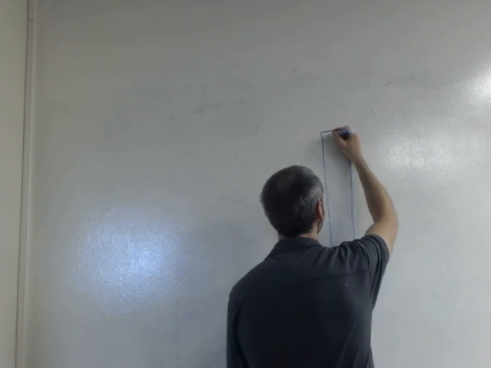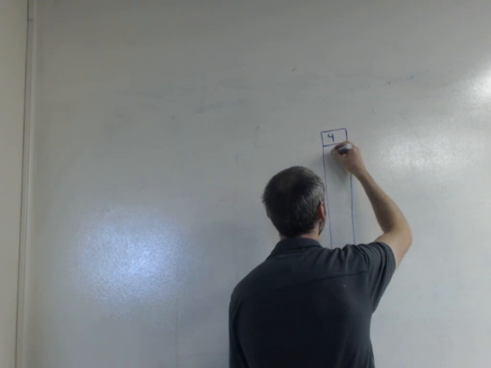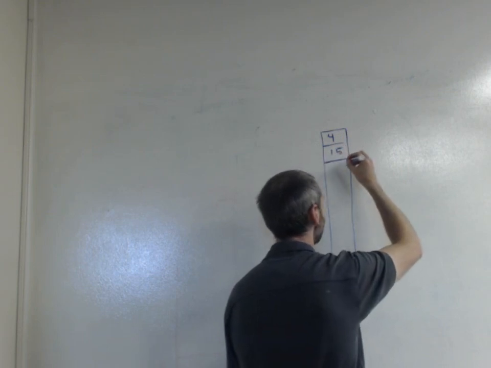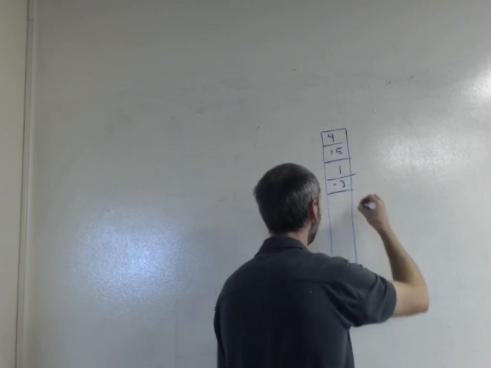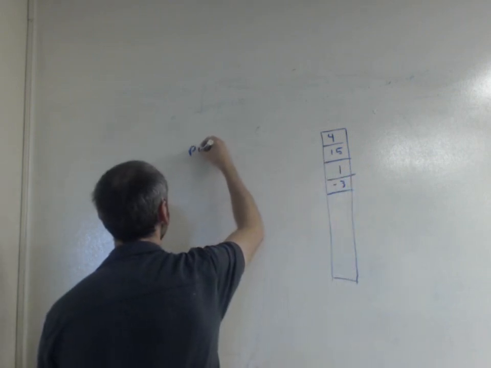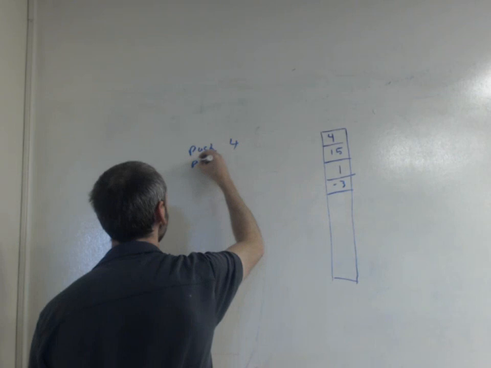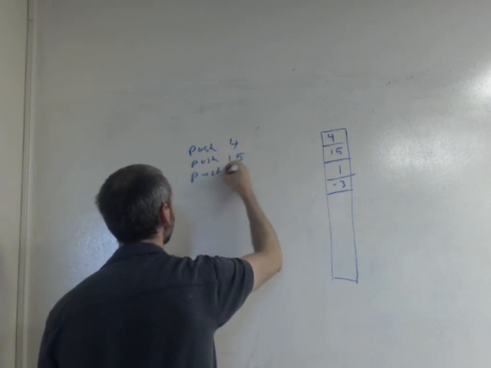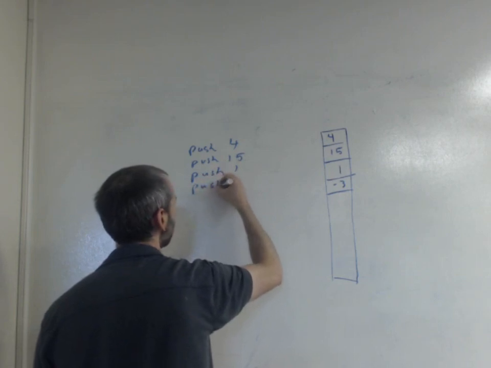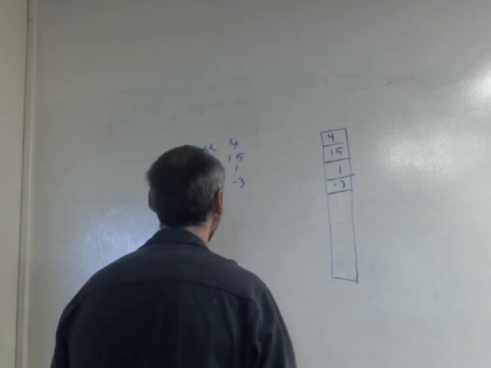All right, give me a number. 15. We have 4, 15, 1, -3. Okay. So we have push 4, push 15, push 1, push -3.